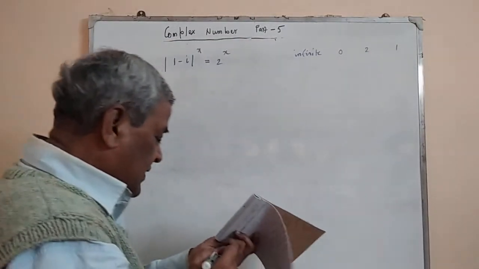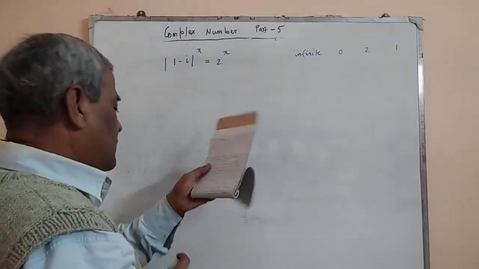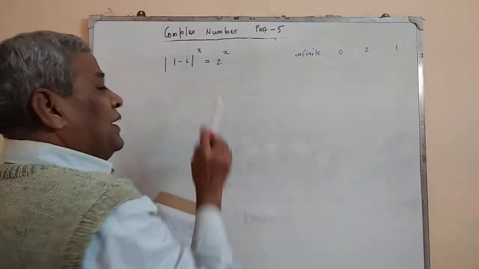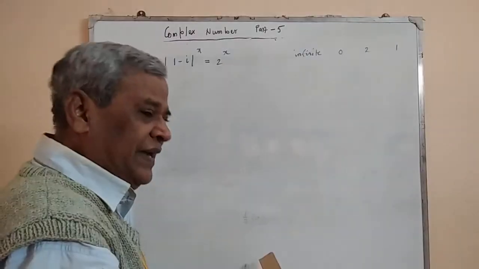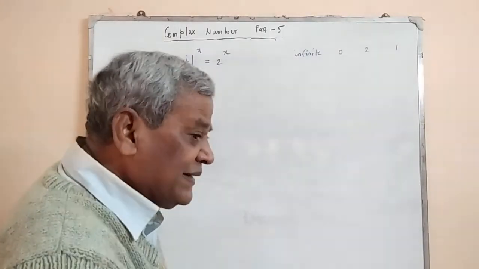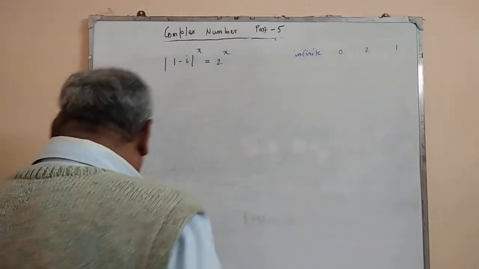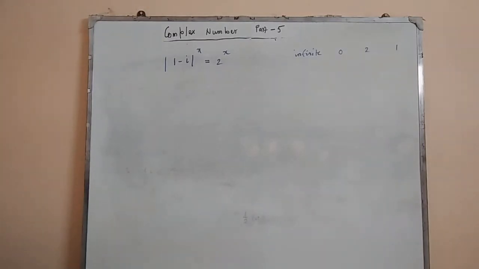So the question is the number of non-zero integral solutions of that. That is, we have to find values of x which are non-zero integers and satisfy this. So the problem is very simple.